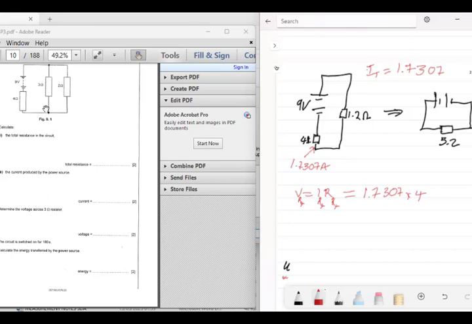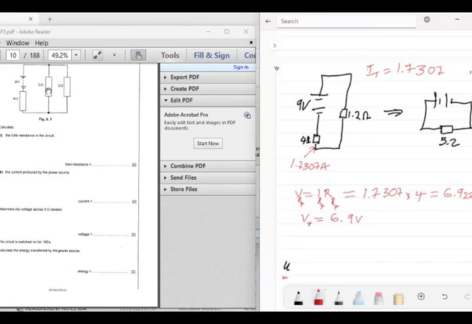What do we get? This is equivalent to 6.228. So the voltage across the 4 ohms resistor, let me do it to 2 significant figures, right? Yeah, 6.9 volts.